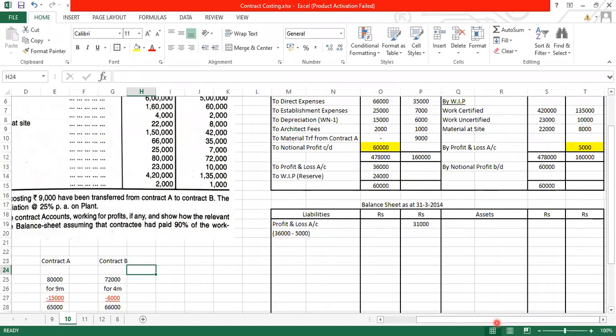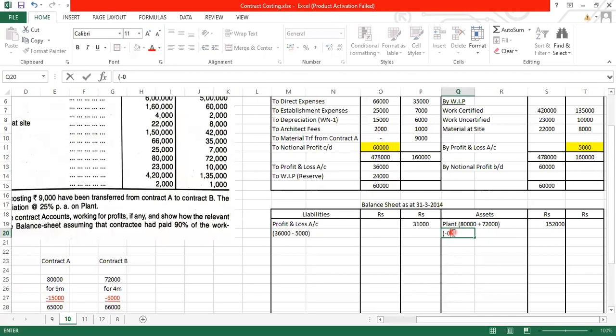अब asset side क्या क्या record करते हो? सबसे पहले तो हम record करते हैं fixed assets को. तो plant है हमारे पास, a plant of both 80,000 plus 72,000 plant for contract A and contract B. Take the amount together. कितना आएगा? 1,52,000.